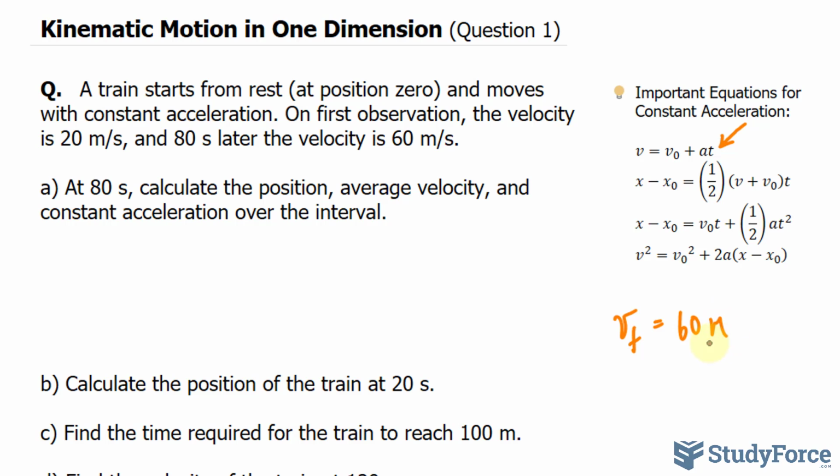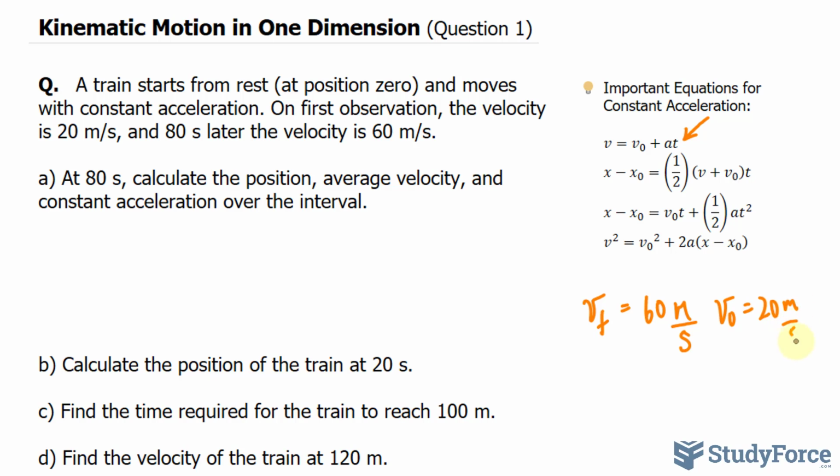60 meters per second. We know v sub 0, that's the initial velocity, so I'll write down that v sub 0 is 20 meters per second. In addition, it's 80 seconds. It's written right there and right there. So that's the time, 80 seconds. Let me substitute these values in and isolate for a.